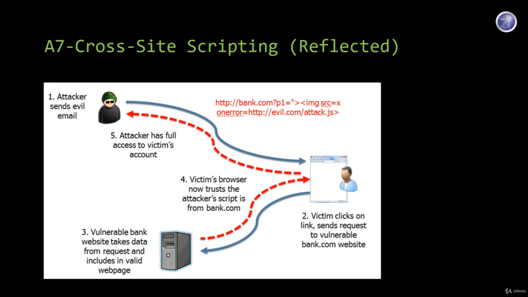So this is a legitimate domain, but he attached a JavaScript file to it using this link. The victim receives this link through email, and once he presses on the link, the vulnerable bank application takes the data and includes it in a valid web page. Now the victim's browser trusts the script from this domain, and the attacker has full access to the victim's account.